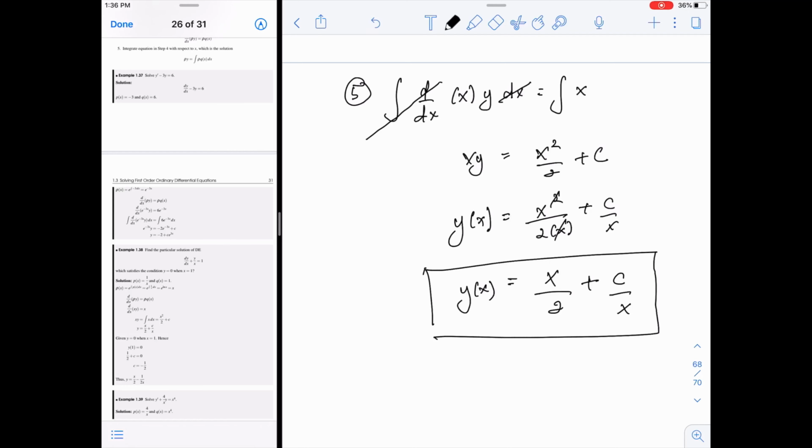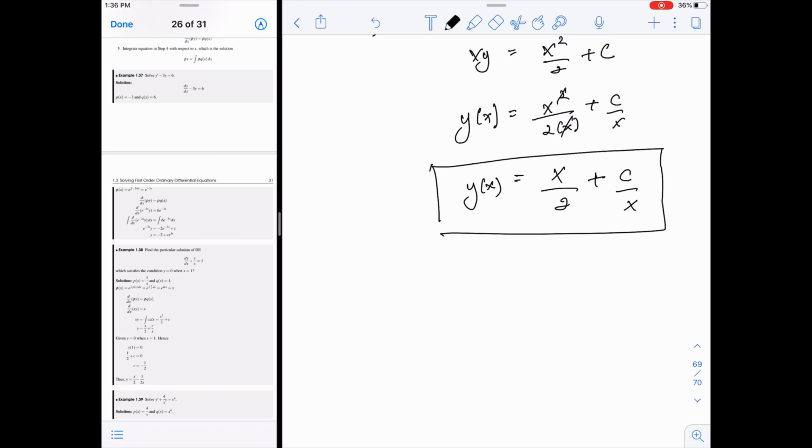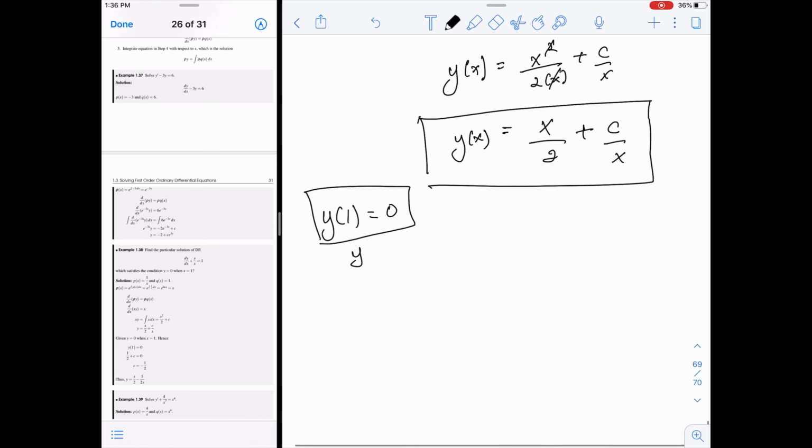If the question extends and asks you to find a particular solution, the question should give you one boundary condition. Let's say the condition given to you is y equal to 0 when x equal to 1. You just need to substitute y equal to 0 and x equal to 1.